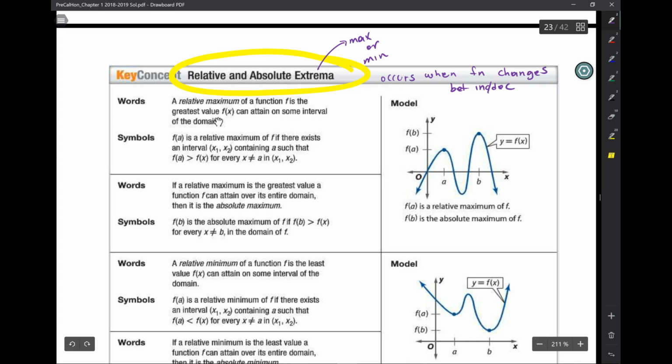This is the official definition, and then you'll add to that in calculus. A relative maximum, I'll simplify this for you, is any time the function changes from increasing to decreasing.